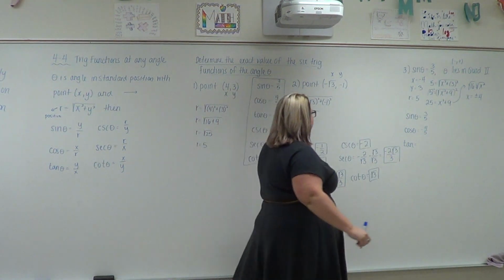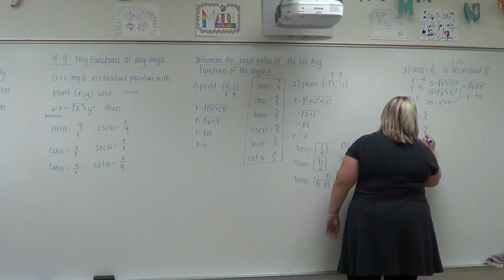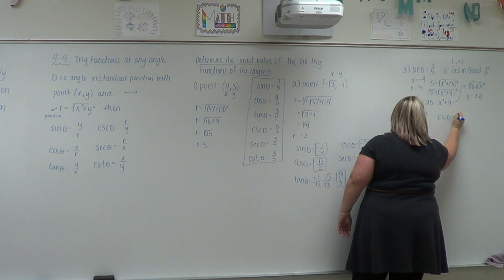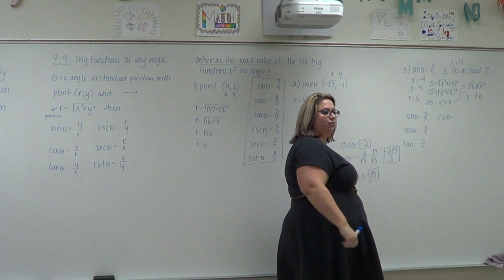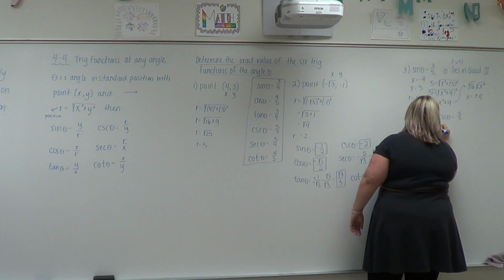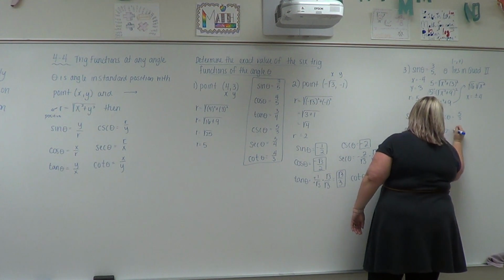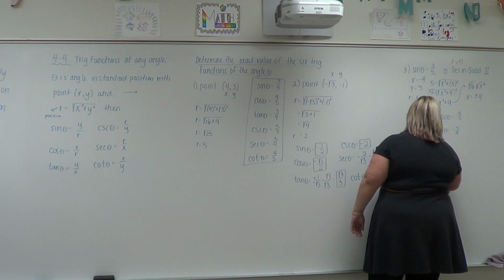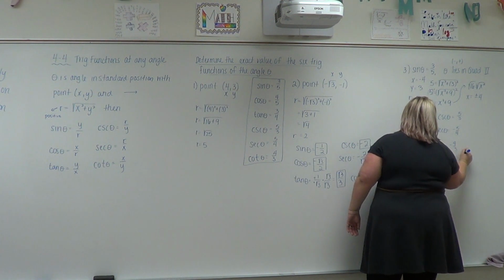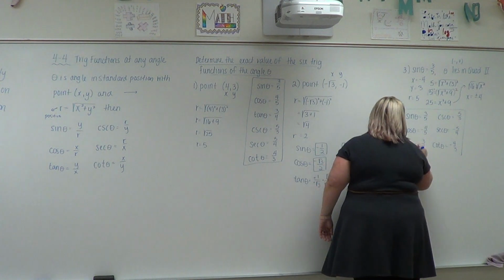Negative 3/4, good. Alright, cosecant? 5/3, good. Secant? Negative 5/4, good. And cotangent? And those are already reduced, you don't have to reduce them.